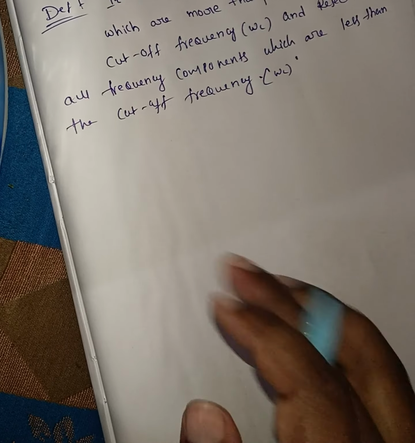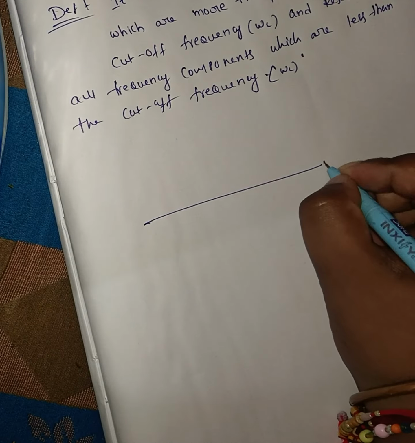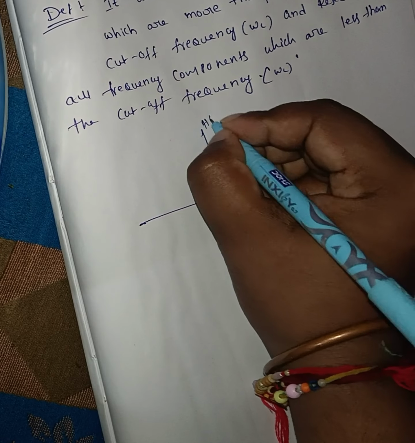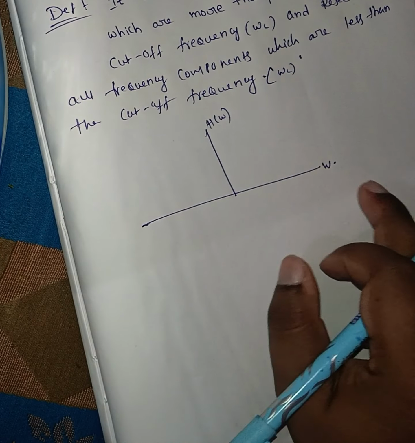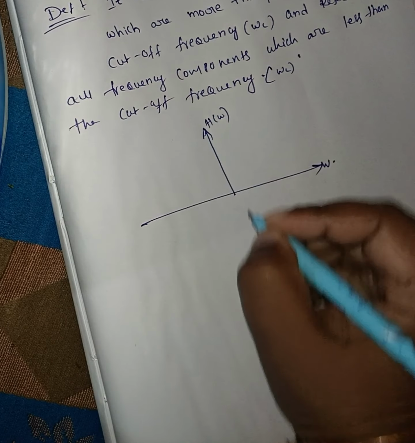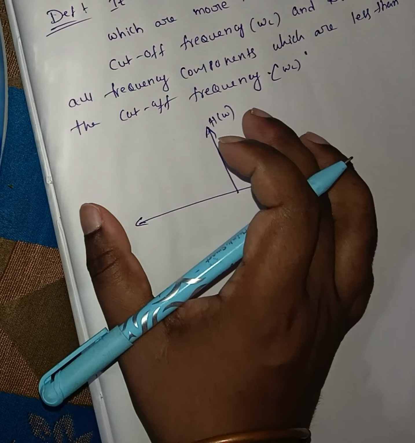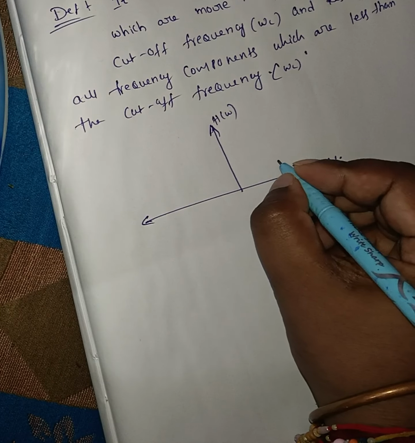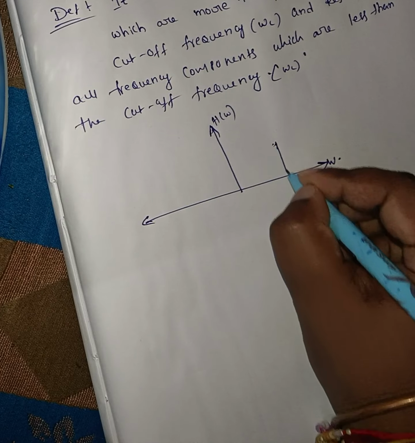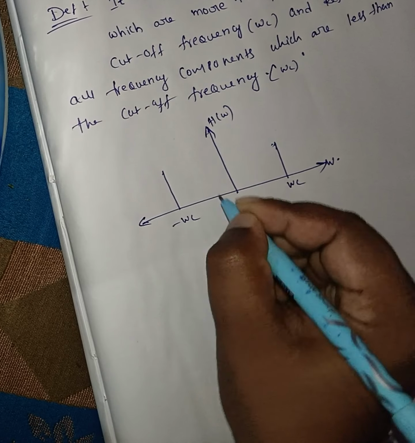So what is the graph representation? The graph is between omega and H of omega. H of omega is the transfer function, and omega is frequency. This is the x-axis, this is the y-axis. Suppose omega c is here, and this component becomes minus omega c.